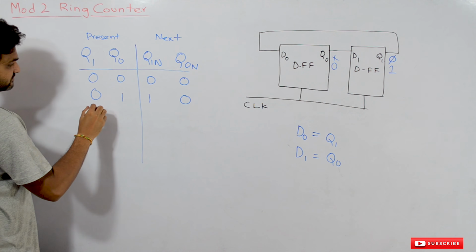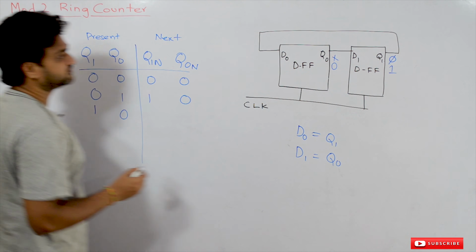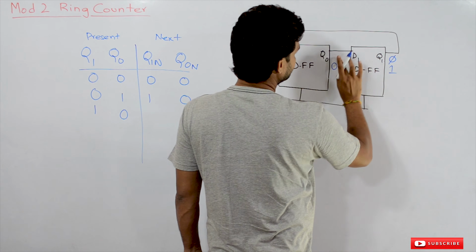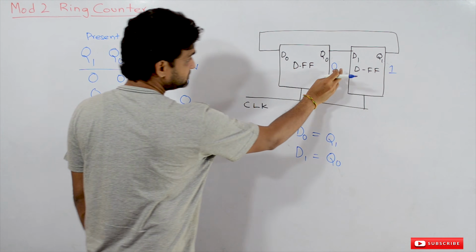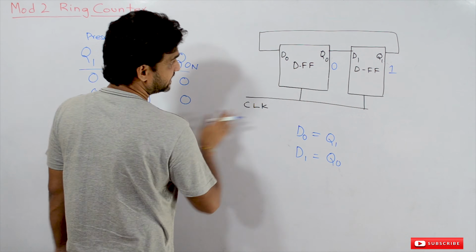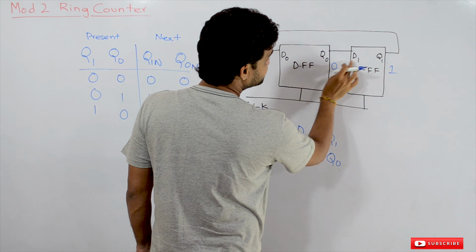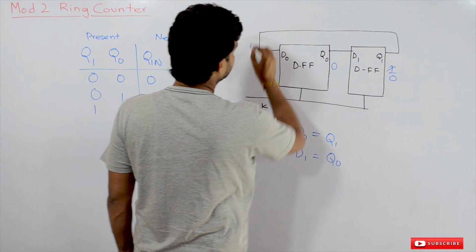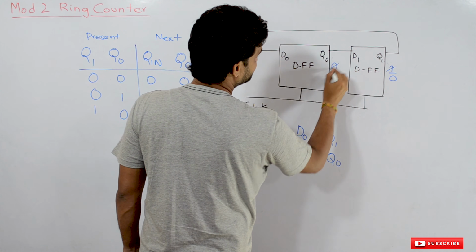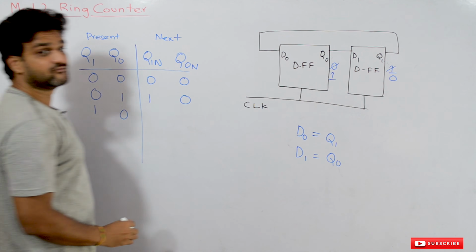Similarly, if you have 0 here and 1 here and the clock is provided, this will become the input for this, and this will get converted into 0, and this one will be provided as the input to this, and this one will be 1.